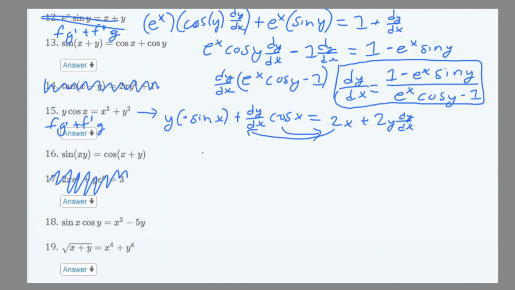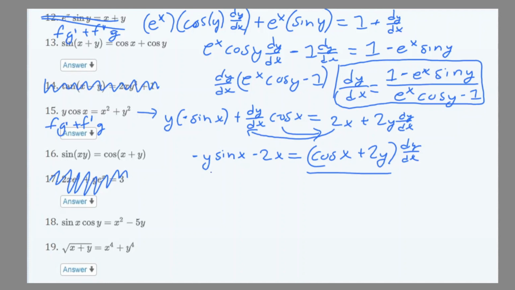So we rewrite it out, we get negative y sine x minus 2x is equal to, we'll factor out dy dx as well, and that's going to be equal to cosine x plus 2y, and then dy dx on the outside.